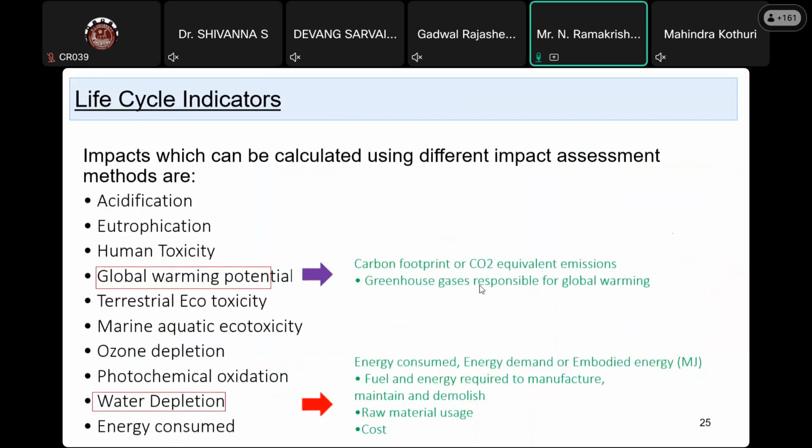So greenhouse gases, examples will be carbon dioxide, methane, nitrogen oxide, fluorine gases. These are some of the gases which are responsible for global warming. And the fuel energy consumed or emitted energy, which we already discussed earlier, right from mining to its manufacturing, fuel energy required, and raw material usage as well as cost.